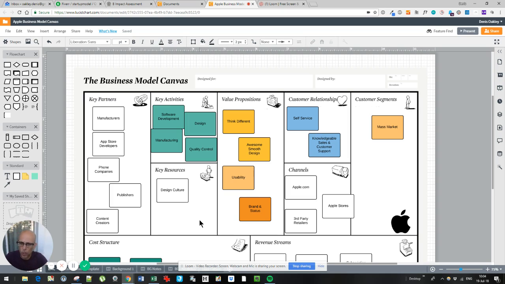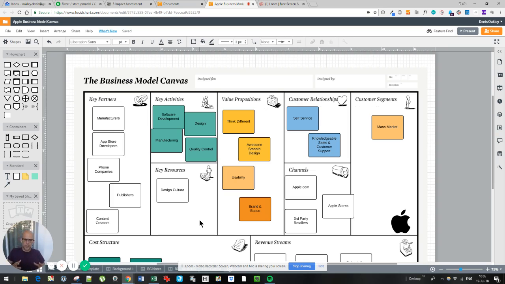And in this case, we're saying that the key resource is their design culture. If you think about what Steve Jobs and Johnny Ive have done over the last 20, 30 years, it's clear that Apple has got a design culture that is quite different to the culture of, say, Hewlett-Packard, Lenovo, or Dell, or even Sony or Samsung in other consumer electronic brands.